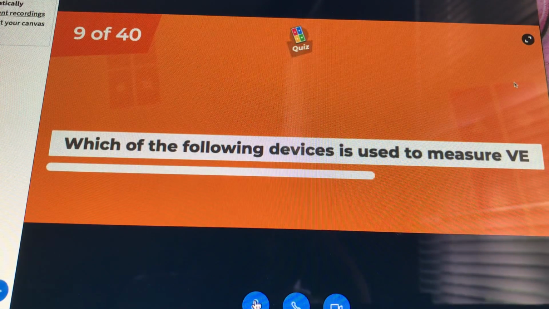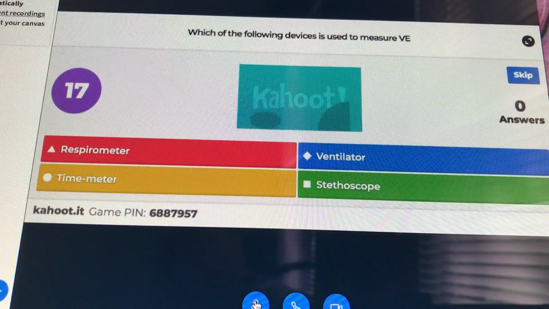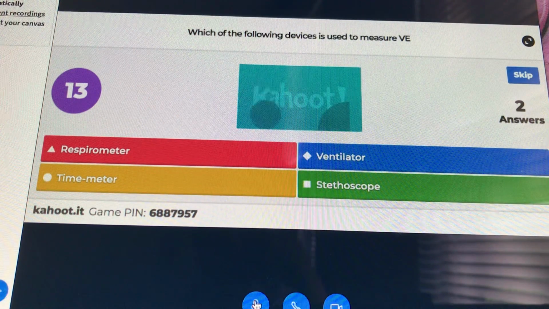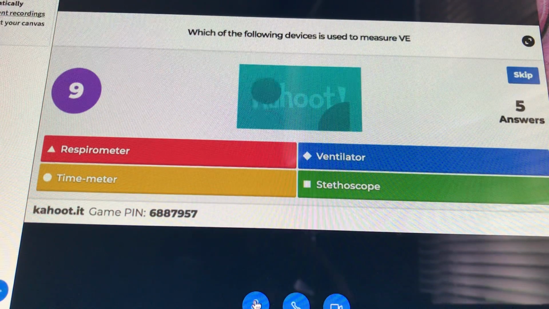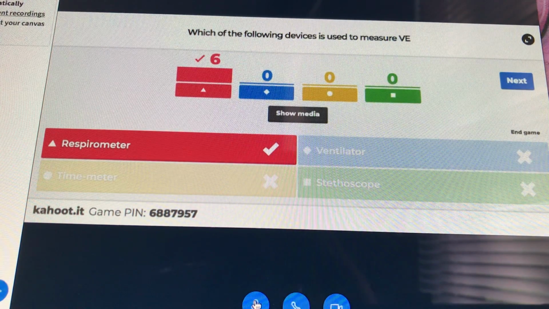Which of the following devices is used to measure VE? Good. What is VE?